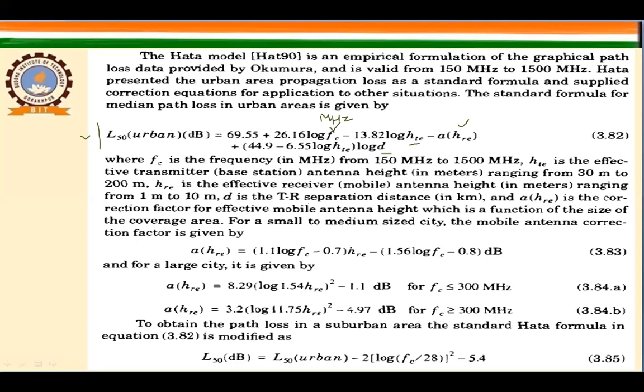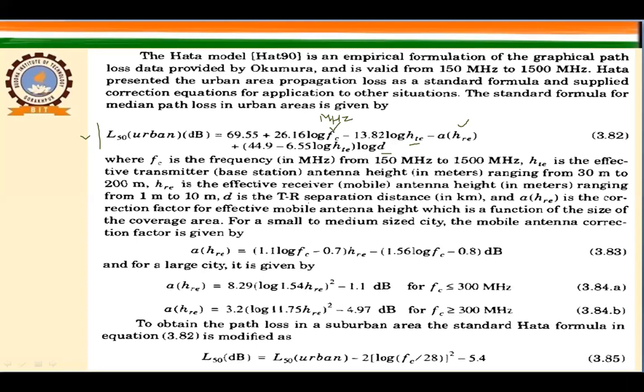When we obtain the required path loss in a suburban area, the standard Hata model equation is again modified: L50 in dB is equal to L50 of the urban minus 2 times log of (fc divided by 28) whole squared, minus 5.4.